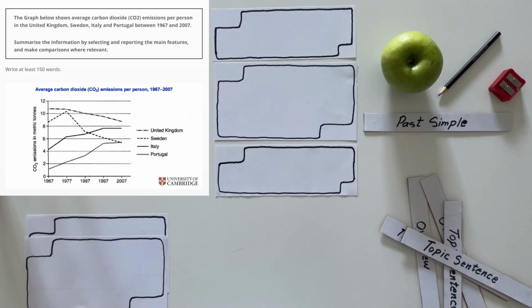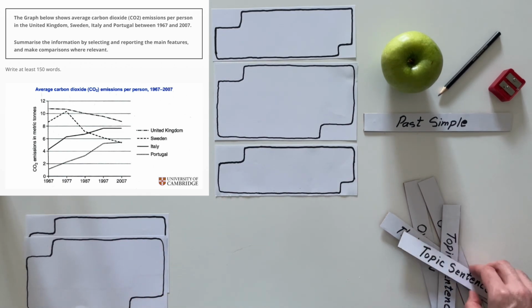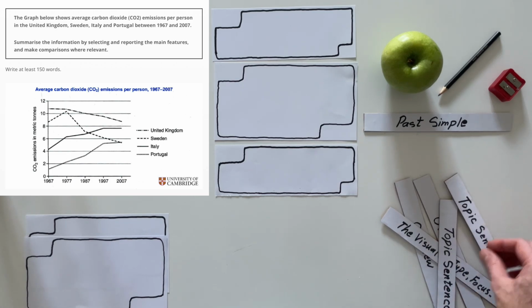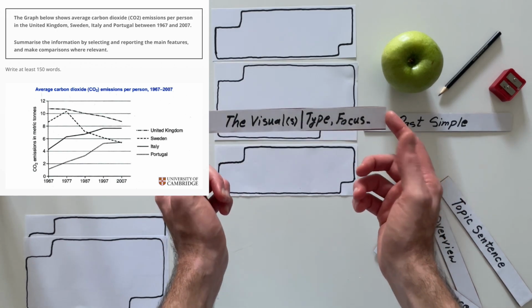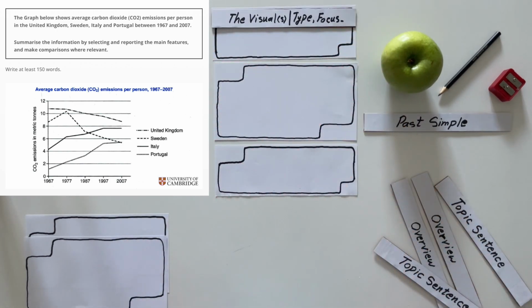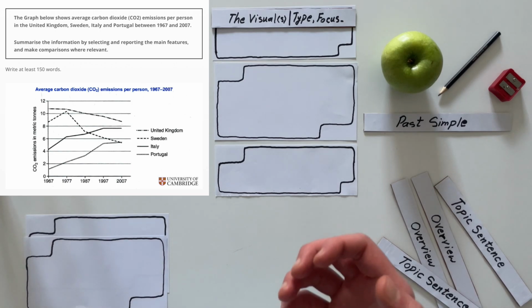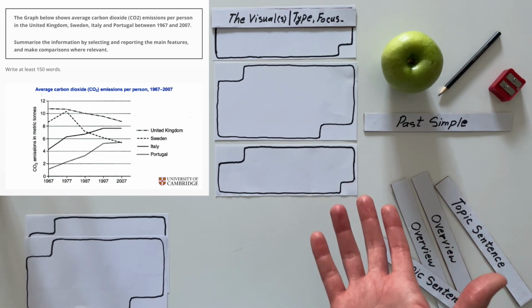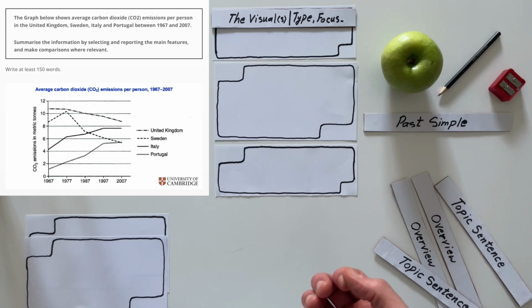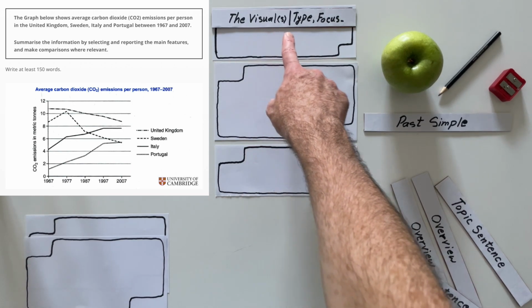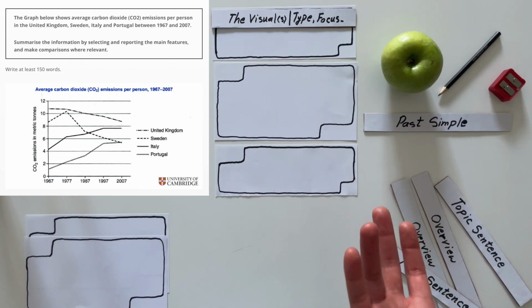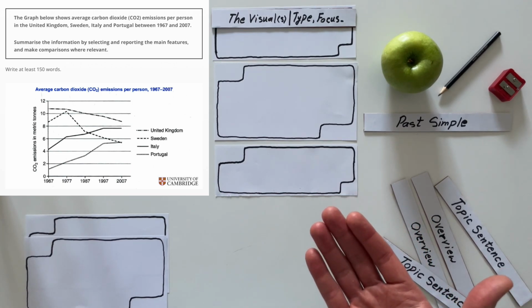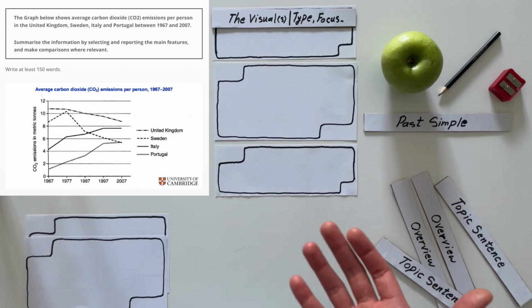So how do we start? First, of course, we need to identify what type of visual we're talking about. So this is the first sentence. Good. This is a line graph or line chart, and that's the type of the visual. What does it show? Well, I can see the average carbon dioxide emission per person.